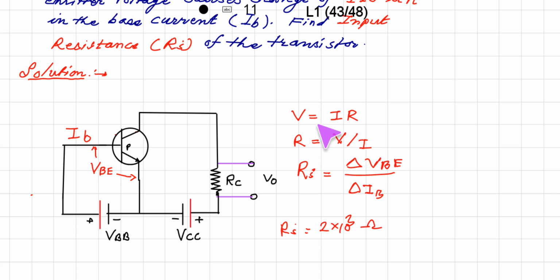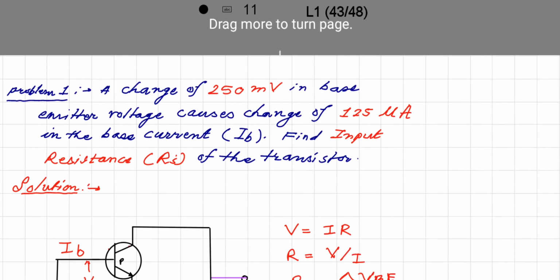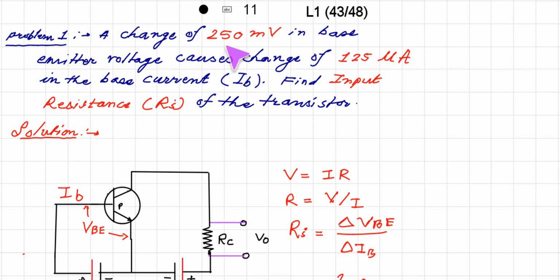So we know that according to Ohm's law, V is equal to IR. So in order to find out the resistance, R is equal to V upon I. But at this input side, the applied voltage is VBE and the current flowing is IB. So as in problem, we have given the change of 250 millivolt in base emitter voltage.